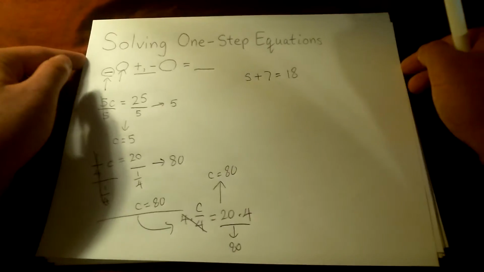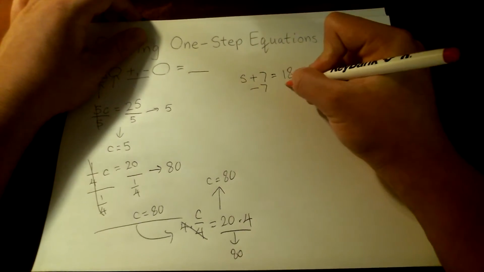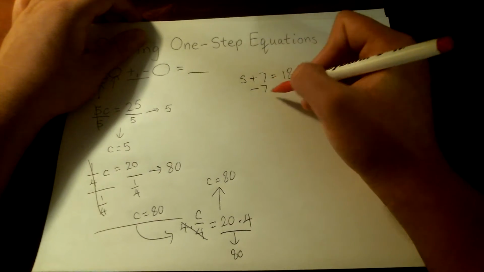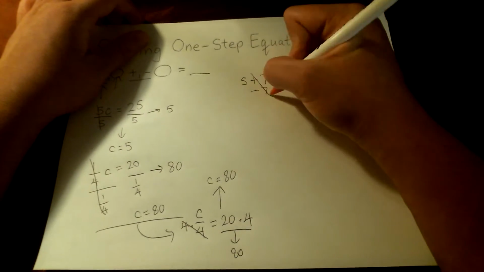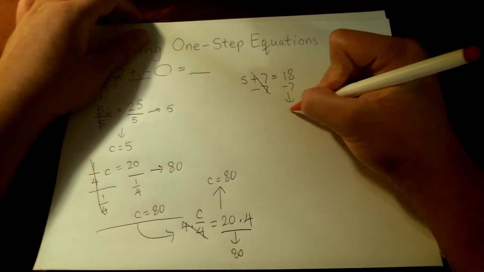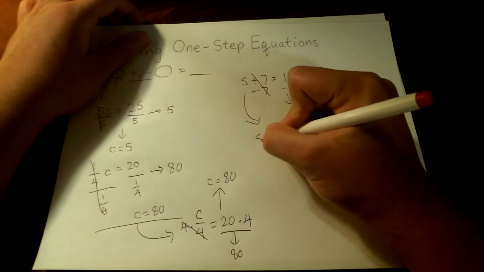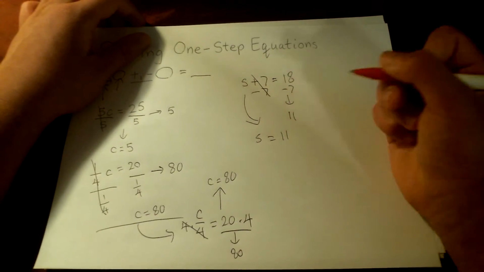So we would have to minus 7 to both sides in order to get rid of this plus 7. So this would cross out, and this would equal 11. So then this here would be s equals 11.